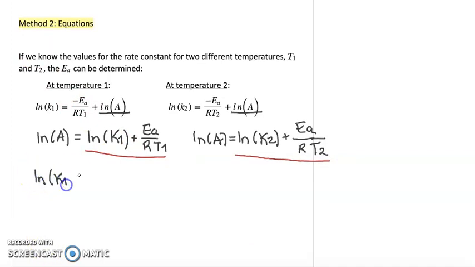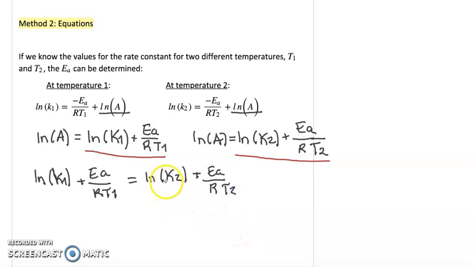So I have ln K1 plus activation energy, gas constant, temperature 1, and we set that equal to this part right here, because these 2 are the same. So ln K2 plus activation energy, gas constant, temperature 2.